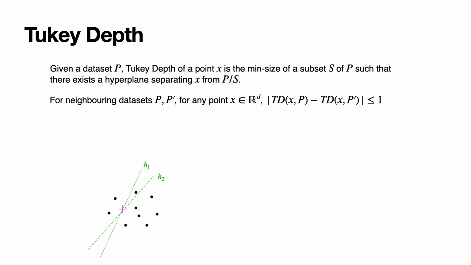The figure on the right is an example. The dataset is obtained from the dataset on the left plus a single red datum. And the Tukey depth of the purple crossing point is still 2, since the hyperplane H3 separates two data points from the dataset.